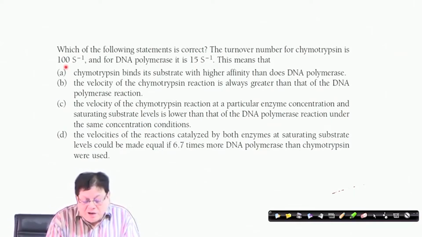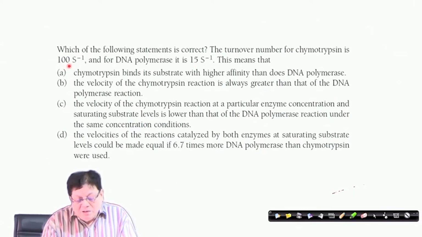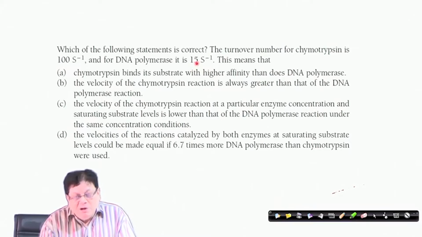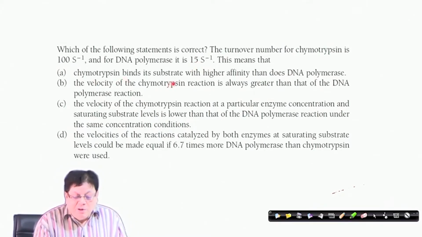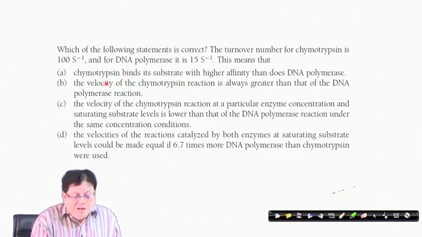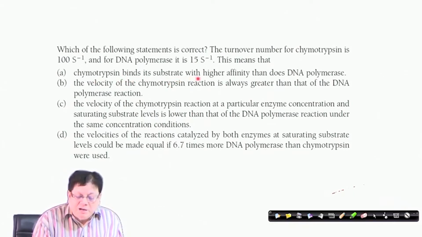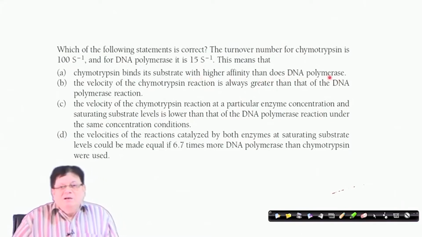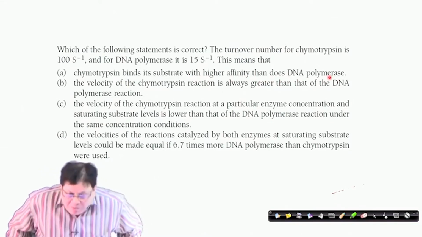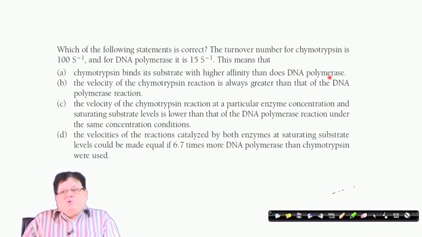Something having a higher turnover number, we are comparing with an enzyme which has a lower turnover number. Now you have to find out the correct statement. Chymotrypsin binds its substrate with higher affinity than does the DNA polymerase, whether it is correct or not. Now, turnover number is basically the K2, that means how quickly the ES is converted into the product. Okay.